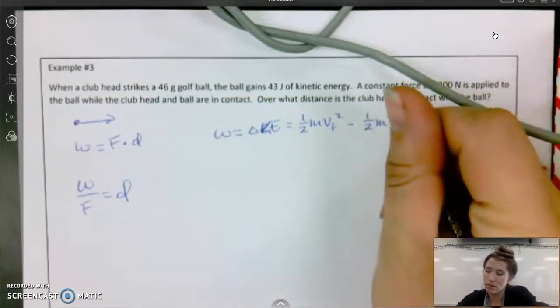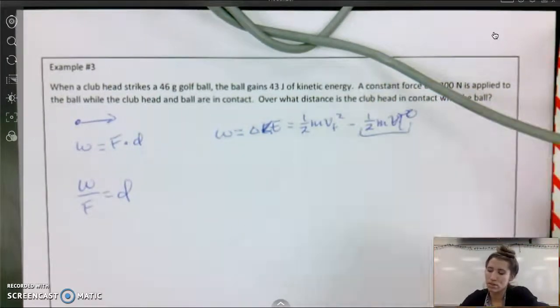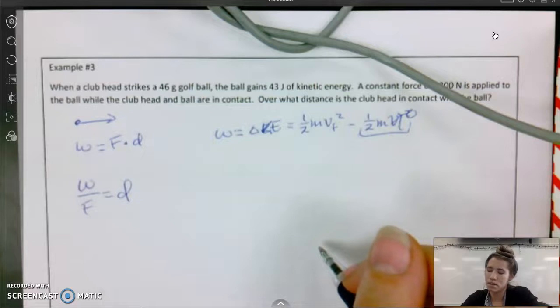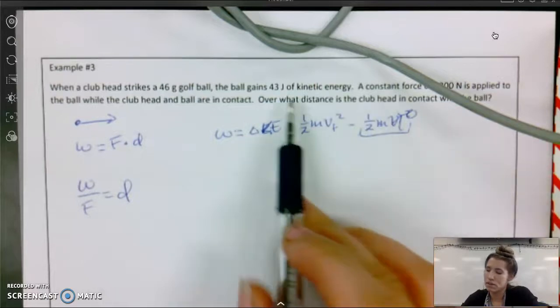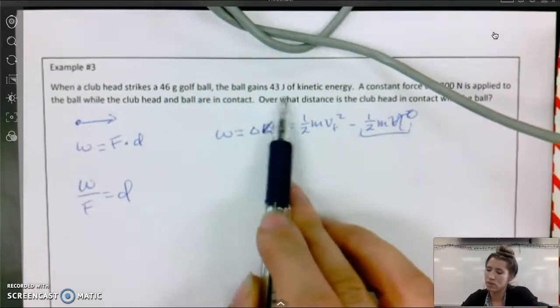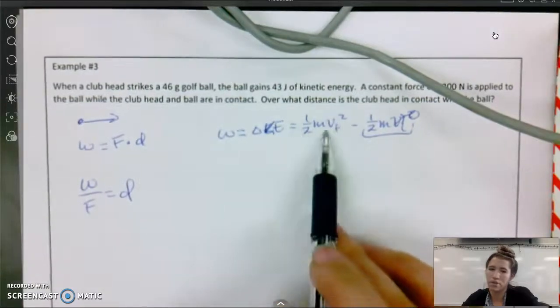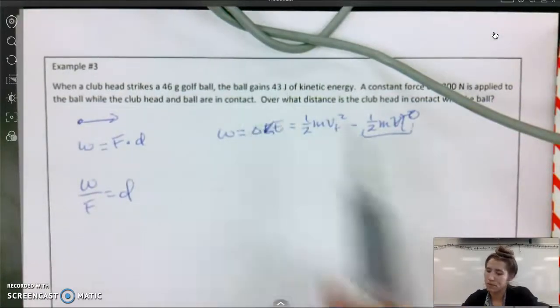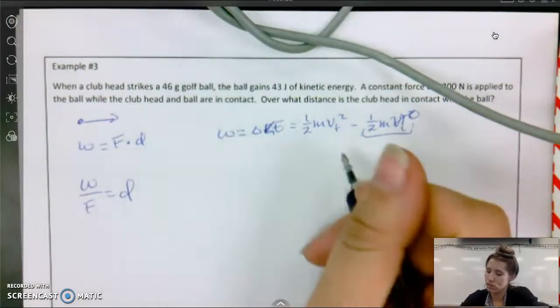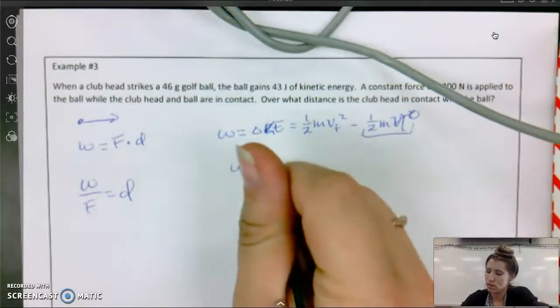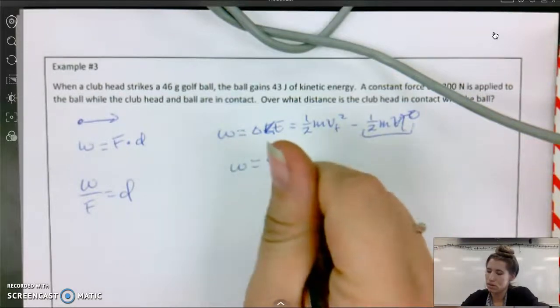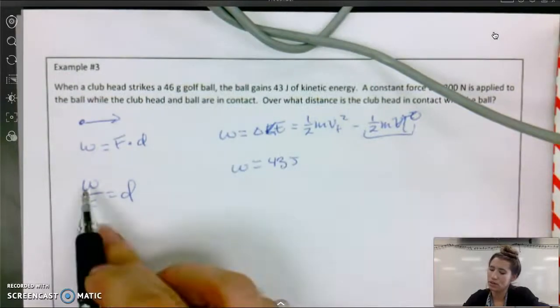The velocity was 0. So that would make this whole thing 0, right? And we know that the ball gains 43 joules of kinetic energy. So that must mean that the final is the 43 joules. So work in this situation would be 43 joules.